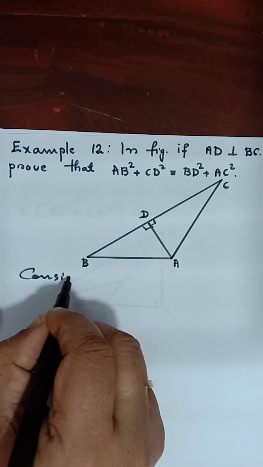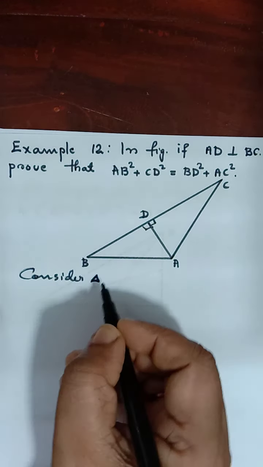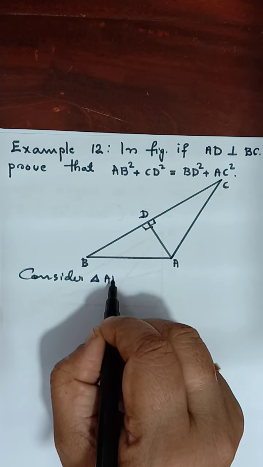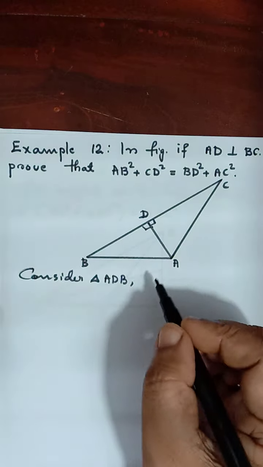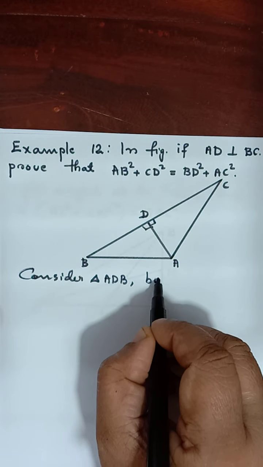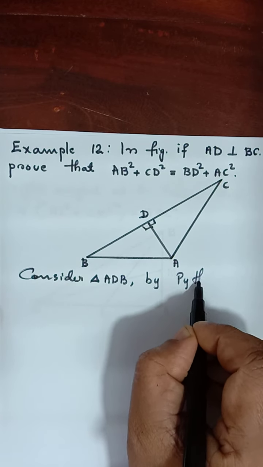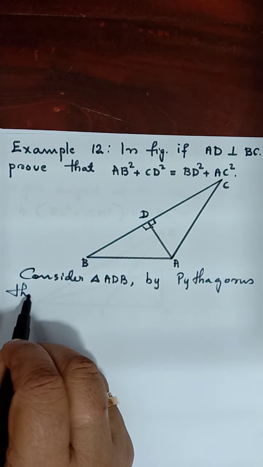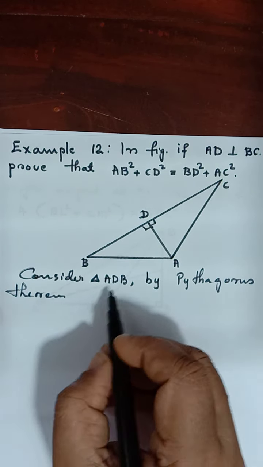Consider triangle ADB. Since it is a right triangle, by Pythagoras theorem, what do we write?